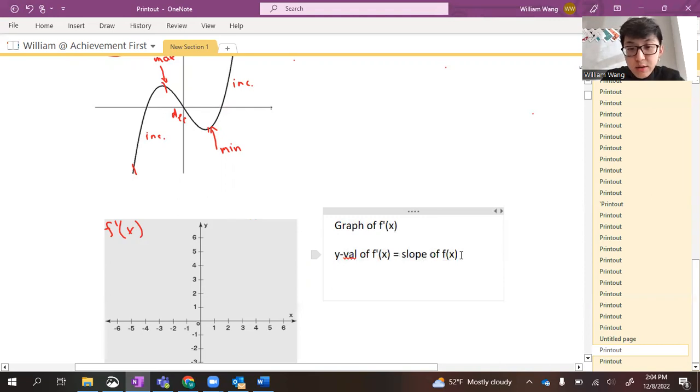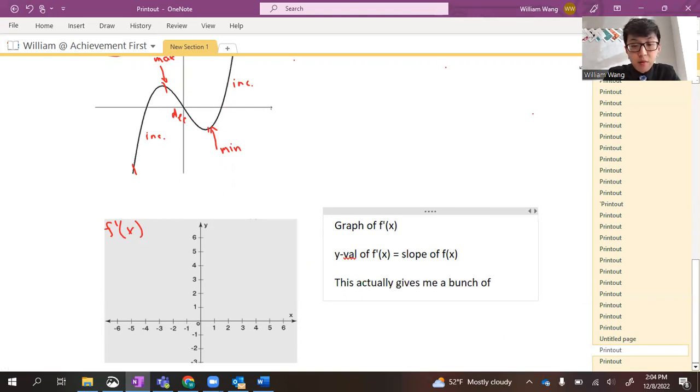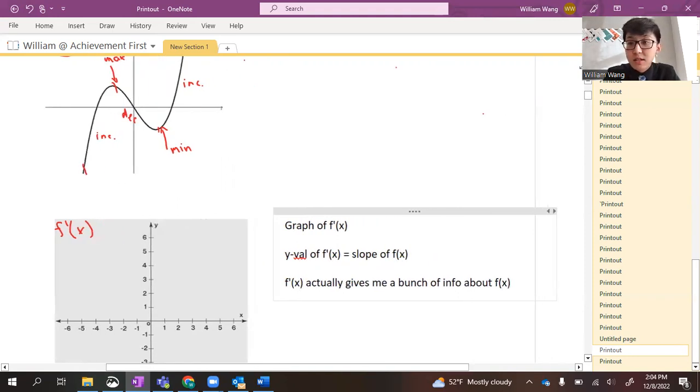And this next part, you don't necessarily have to write down. I'm probably going to erase it in a second. But this actually gives me a bunch of info. So I'll say f prime of x actually gives me a bunch of info about f of x because of that relationship. So I can tell my mins, maxes, increasing, decreasing, etc., all that sort of stuff, even if I don't have f of x.